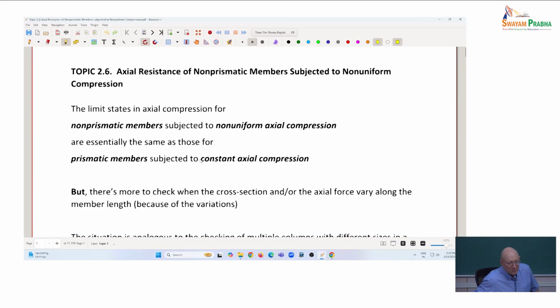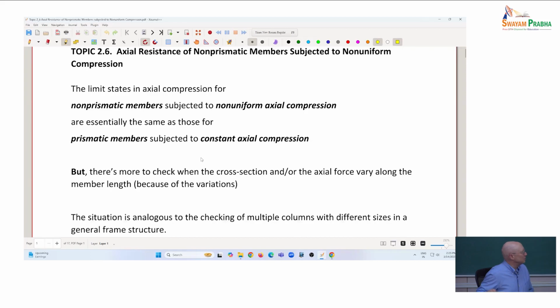The point I want you to take away here is what's shown here. Basically, the limit states when we have axial compression and it's a non-prismatic member, or a member, prismatic or non-prismatic, where the axial force or stress is varying along the length, are essentially the same as for prismatic members in constant axial compression, but there's more to check.